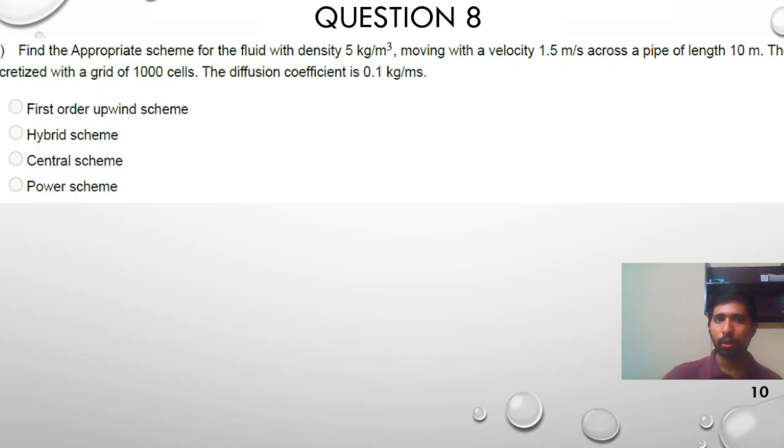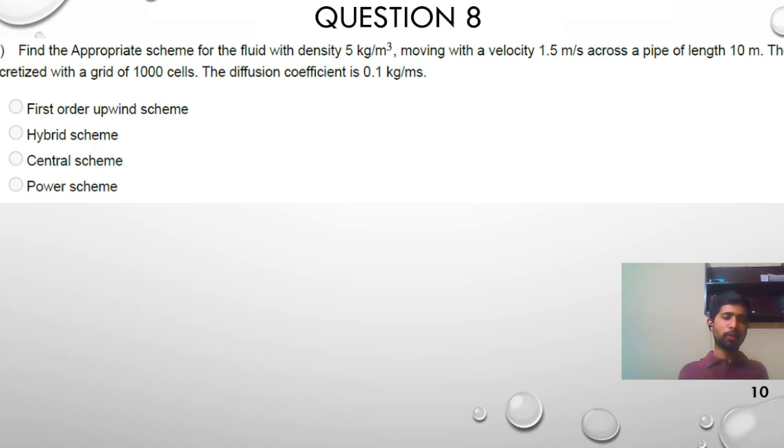So to decide the scheme, as I said earlier, we need to know the Peclet number. What is the influence of the convective force? If that is more, then we have to go for an upwind scheme, or else we can stick with a central scheme. Hybrid scheme and power scheme are usually used at the border, when the value is near 2.